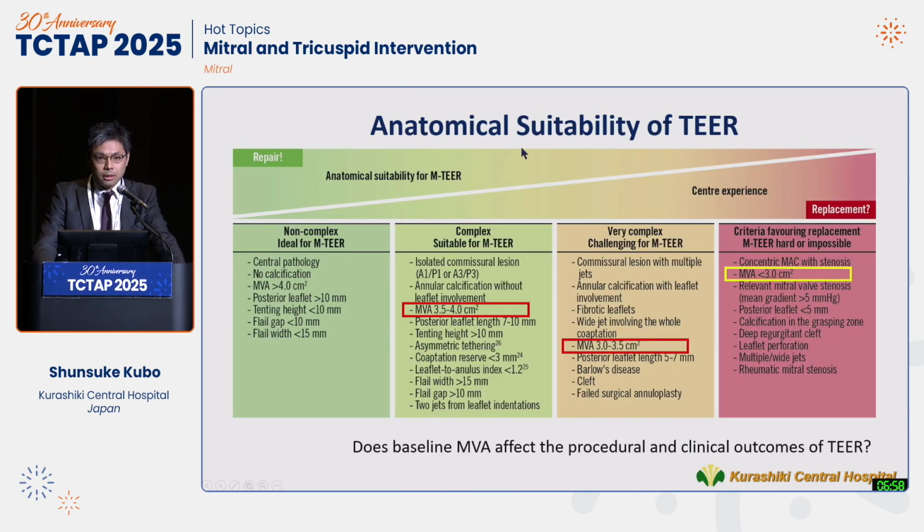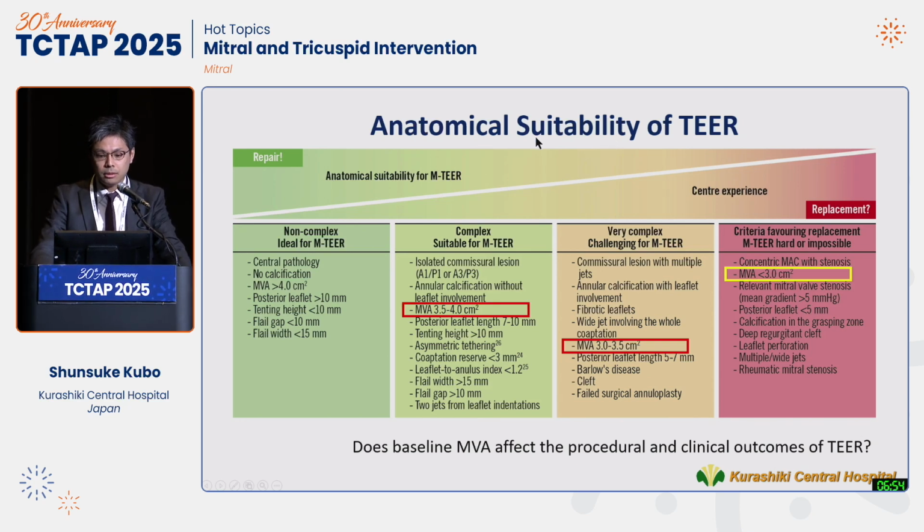The expert consensus shows some of the anatomical suitability. One of the factors of suitability is the mitral valve area. A mitral valve area between 3.5 and 4.0 shows complex anatomy, and 3.0 to 3.5 shows very complex anatomy. And less than 3.0 is almost impossible for TEER.